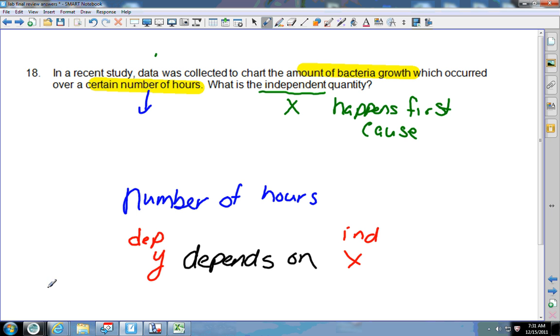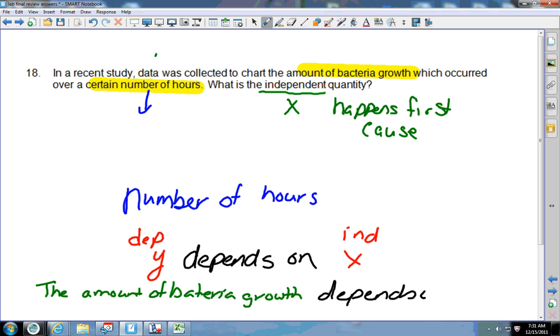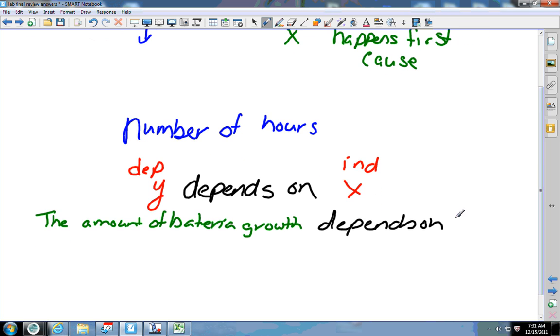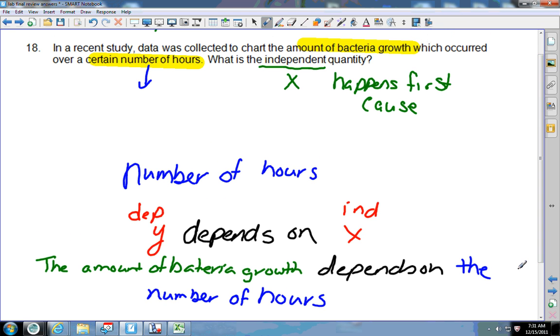So I could write: the amount of bacteria growth depends on the number of hours. Okay, you need to remember that y depends on x.